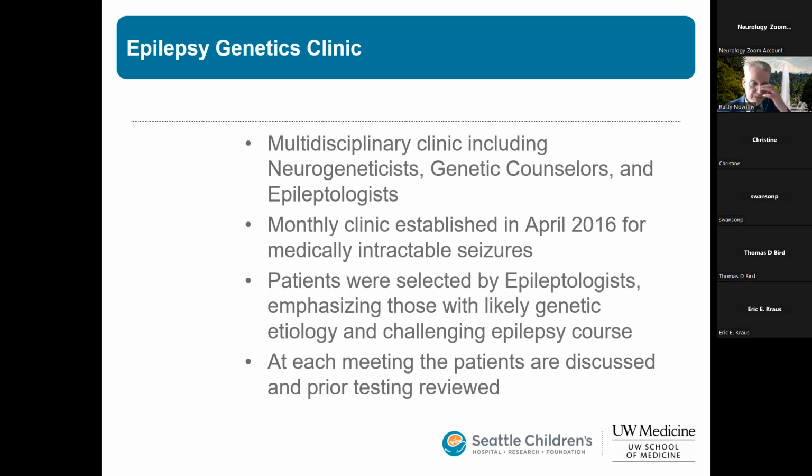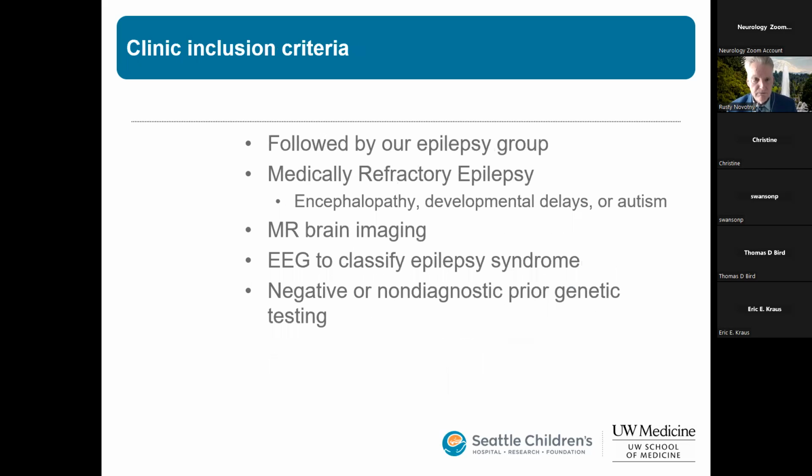Patients were selected primarily by our epileptologists. And then we often met as a group to review the phenotype in more detail, and then followed that by identifying the best next step as far as genetic testing is concerned.